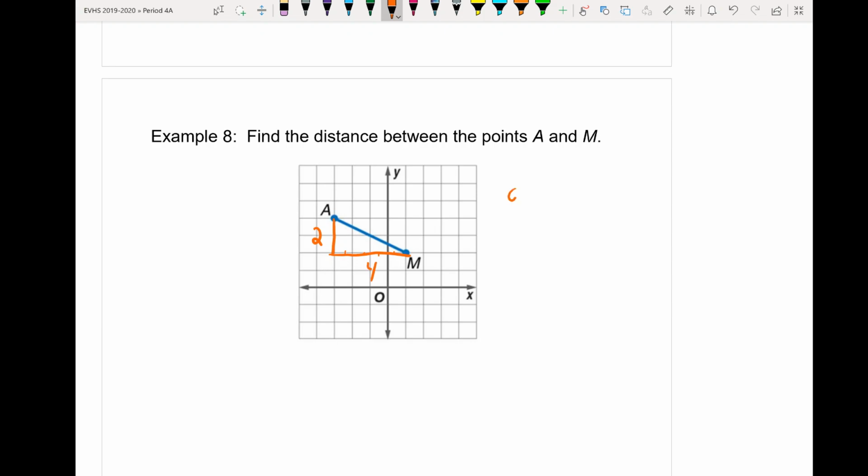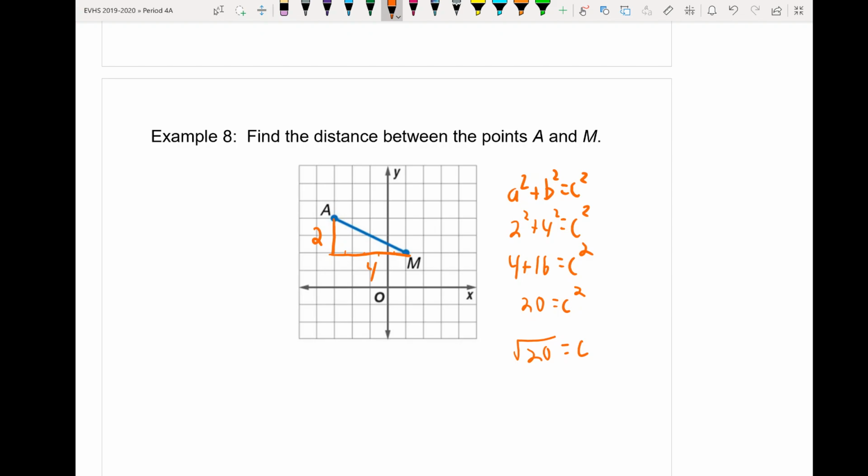So I'm just going to do a squared plus b squared equals c squared. 2 squared plus 4 squared equals c squared. 2 squared is 4, 4 squared is 16, so 20 is c squared. Take the square root of both sides, gives me square root of 20 is equal to c.